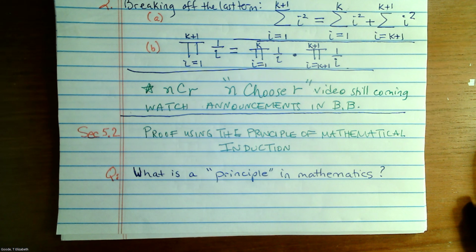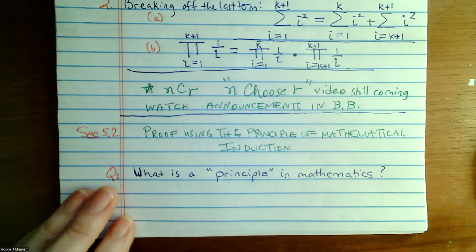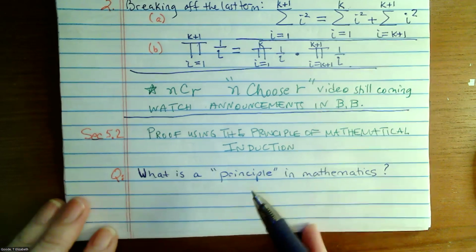In geometry, if we have 2 points, we know those 2 points determine a line. Everybody knows that. If you have 2 points, you can connect those points with a line. That's a principle of geometry. It's self-evident. It's not something that we prove. Like I said, it's called an axiom, but sometimes these ideas are called principles.